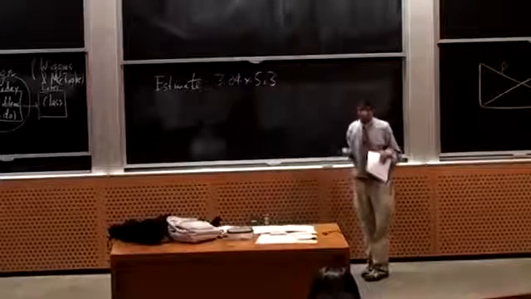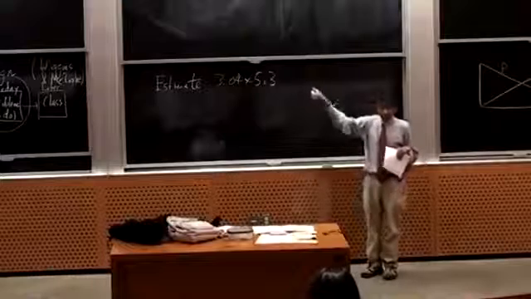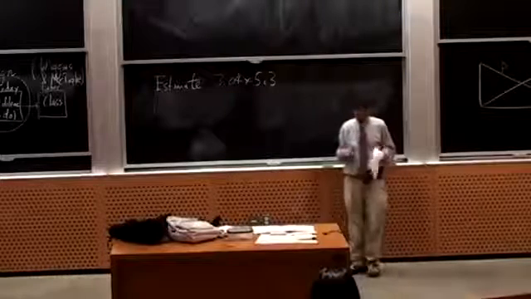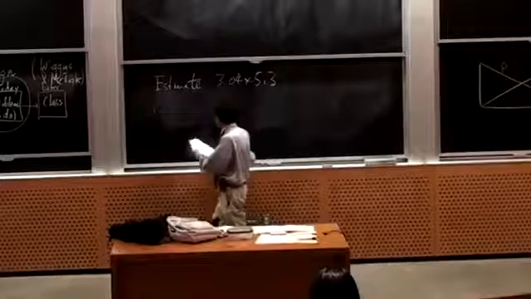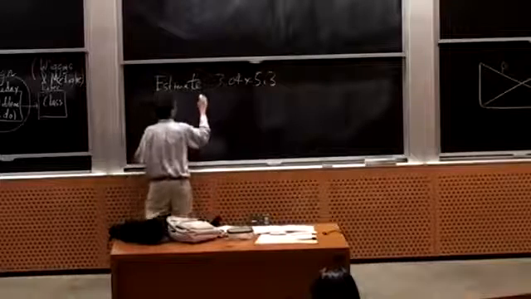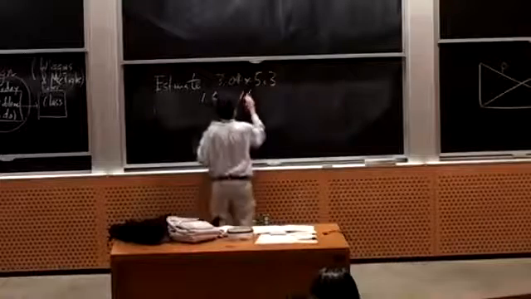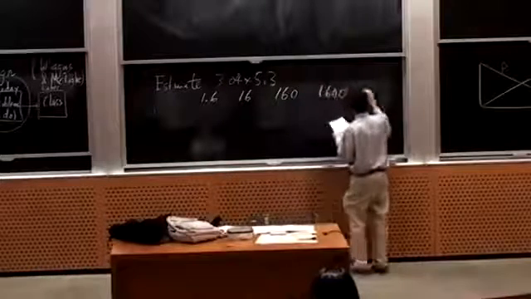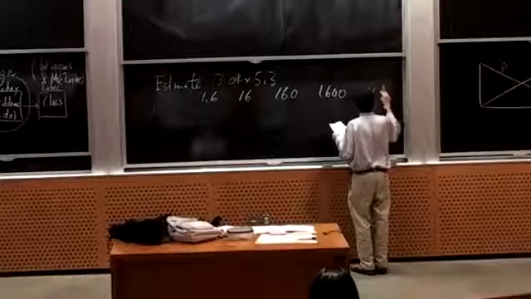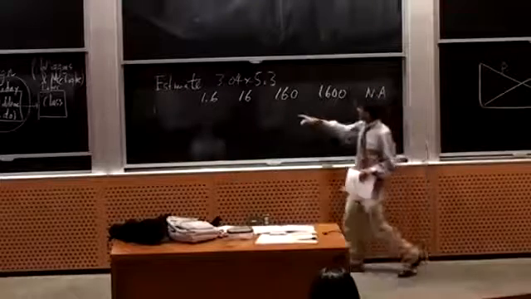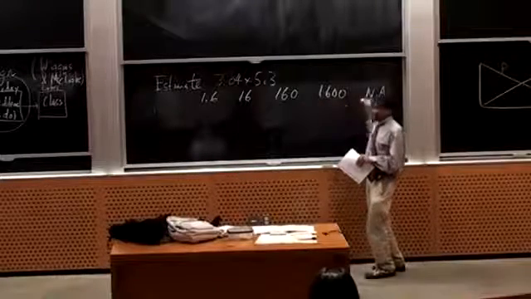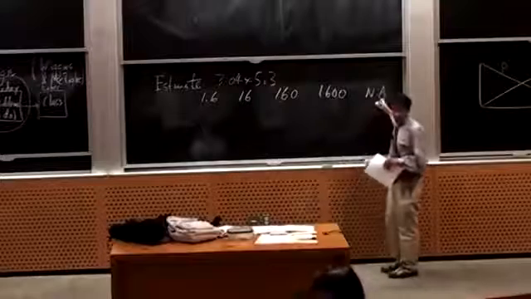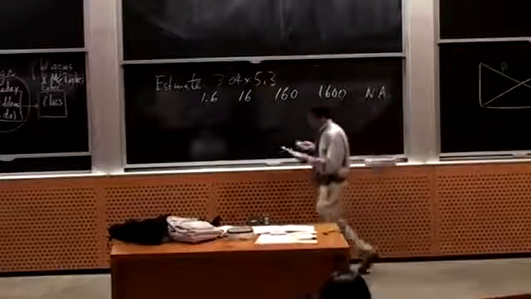These were 13-year-olds and 17-year-olds, asked to estimate 3.04 times 5.3. Here were the answers. They were given four possible answers, and they could also give no answer.